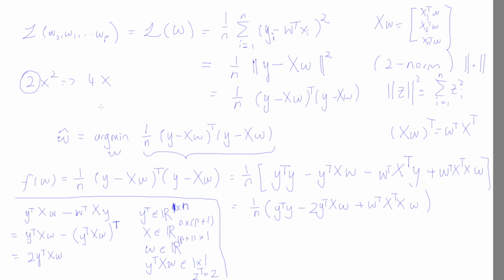Now we have our expression for the loss. Sorry, I shouldn't call this f, I should call this L. Now we want to differentiate just like before, dL/dw. What happens when we differentiate the first term? That has no w in it, so we'll just get a 0. We'll leave the 1 over n.